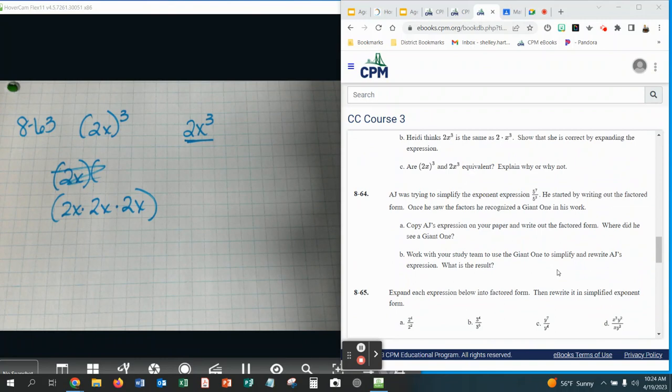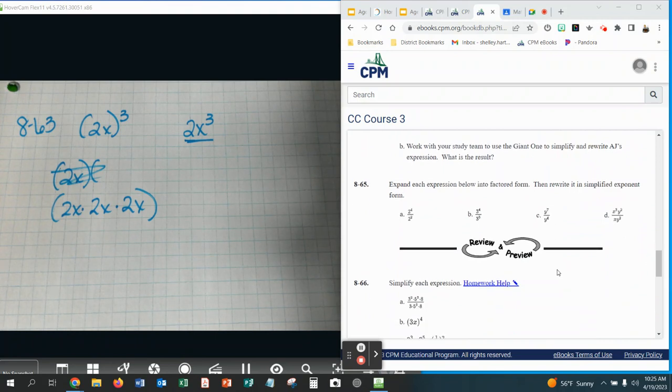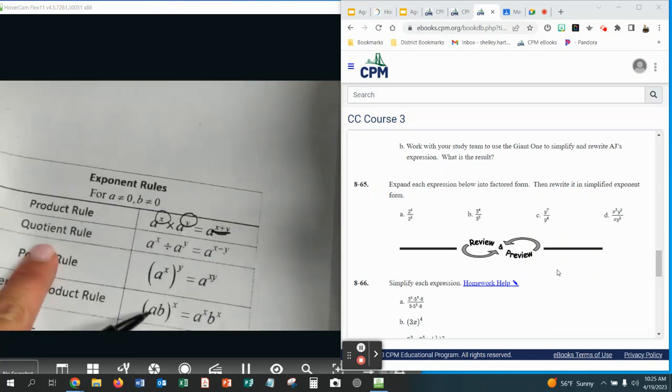Now, I'm just going to jump to 8-65. And that's the last we're going to do. And I'm going to show you this. This is actually going to jump right into the quotient rule.